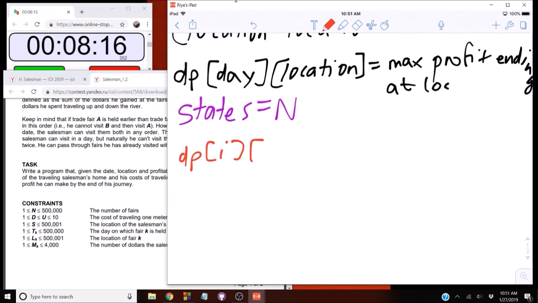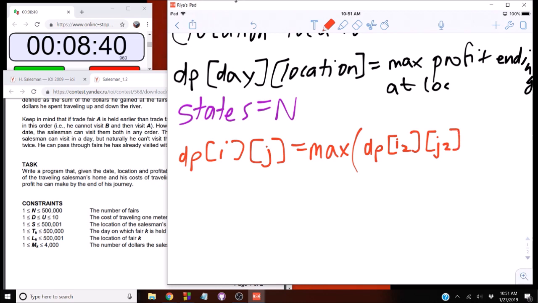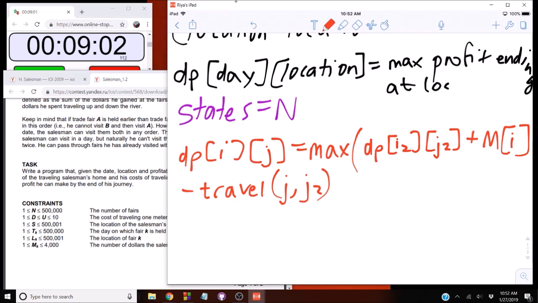DP[i][j], and there'll only be one value of j for i if there's only one fair in the day, will equal the max of, okay, so you have a previous DP[i2][j2], plus however much money you make, that's called M[i], so how much money you make at i, minus the cost to travel from j to j2, and this is the max for all pairs of i2, j2.